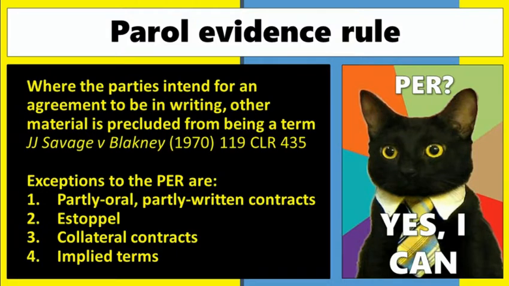And so one of the aspects here is that while the parol evidence rule will exclude all of those statements from being terms of the contract, they can still have force in the form of another little side contract that we call a collateral contract. Later we'll also talk about this concept of implied terms, things that are incorporated into the contract but not as a result of negotiation.